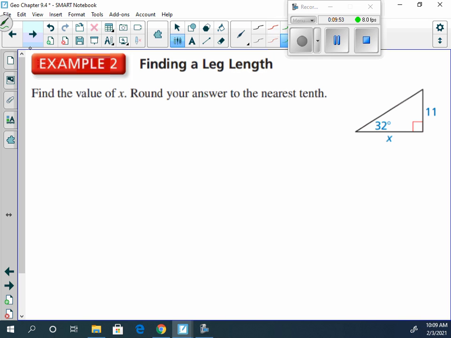Well, no, because sine and cosine both need the hypotenuse, yes? And I'm not wanting to solve for it, and I'm not given it, is there any reason to use one of those? Well, no. So we're going to focus with tangent. So we're going to take tangent of what angle? 32.